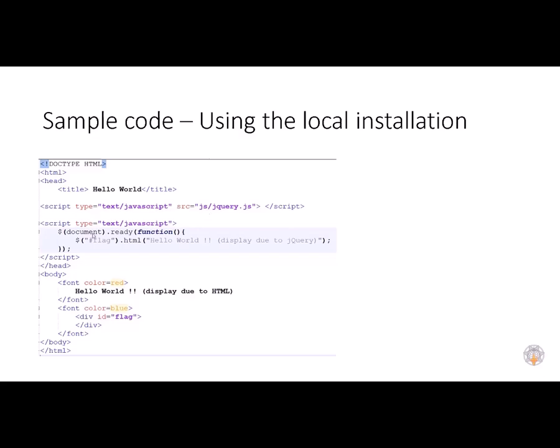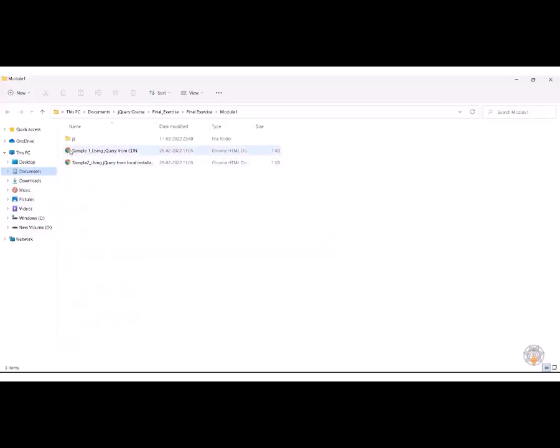The script tag below this is the jQuery code, which is embedded under the head tag of the HTML. Here, as you can see, I have a JS folder in which the jQuery.js file is kept. JS refers to a JavaScript file.